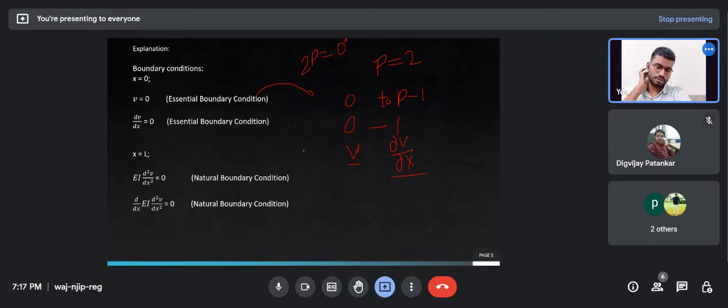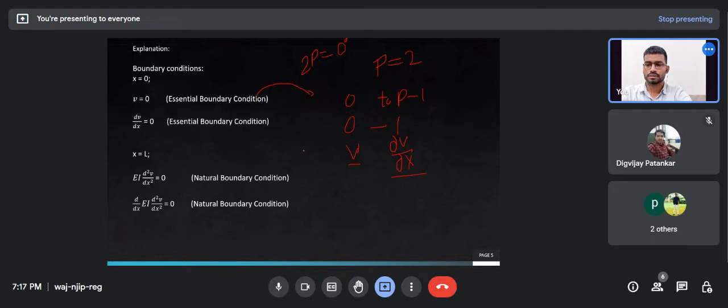So any doubt in this part? Till now we have discussed how to derive the governing differential equations of a system, how to classify the boundary conditions, and how to identify which one is which, right?